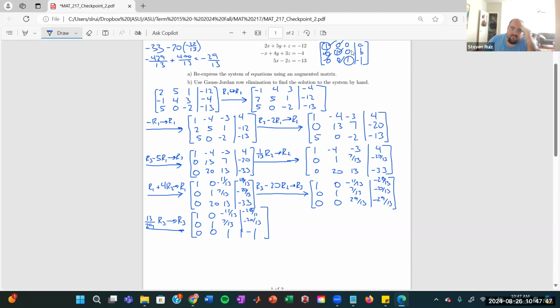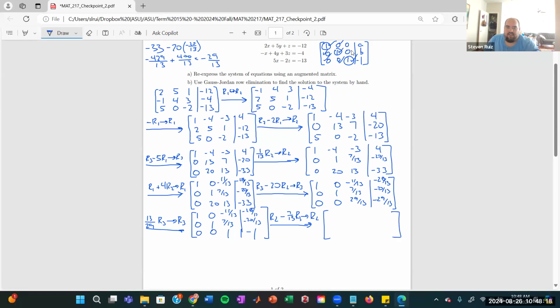So now that I have that pivot, I want to get zeros in the two entries above it. So let's do the middle row first. Not that it matters; you can pick whichever one you want. I'm going to take row 2 and subtract 7 thirteenths of row 3 from it and put that back into row 2.